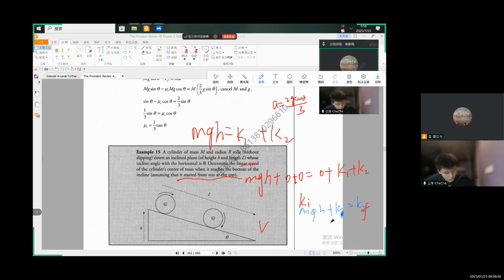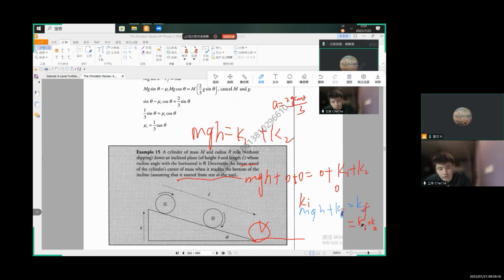So mgh plus your initial, which is 0, and k final is actually when you rotate in the ending. So you have two kinds of kinetic energy: one is translational, and one is angular.